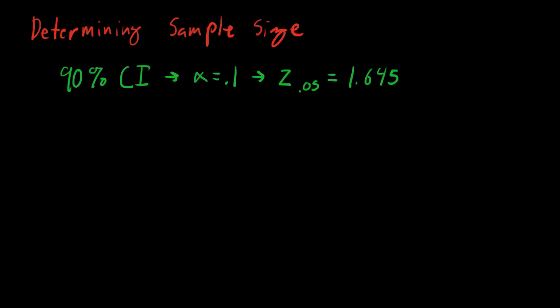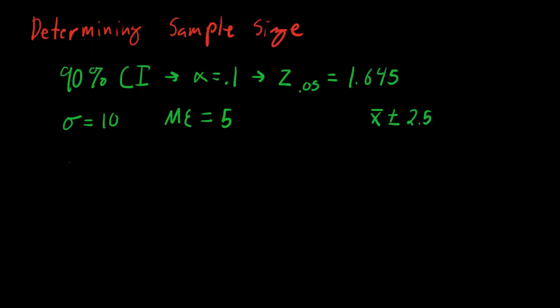And our sigma for our population is equal to 10. And we want a margin of error of 5. So we want our x bar plus or minus 2.5.